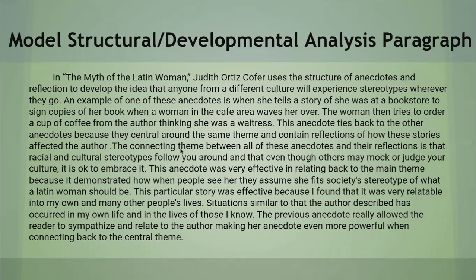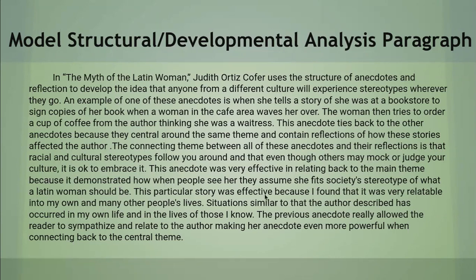The connecting theme between all of these anecdotes and their reflections is that racial and cultural stereotypes follow you around, and that even though others may mock or judge your culture, it is okay to embrace it. This anecdote was very effective in relating back to the main theme because it demonstrated how when people see her, they assume she fits society's stereotype of what a Latin woman should be.